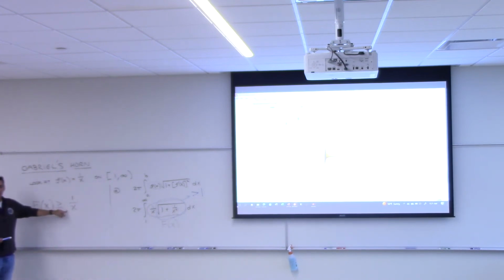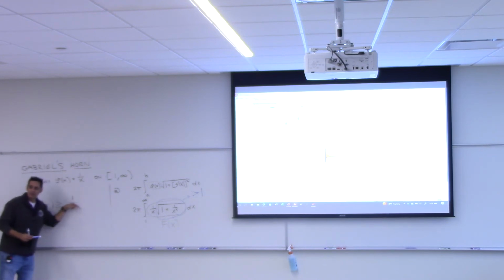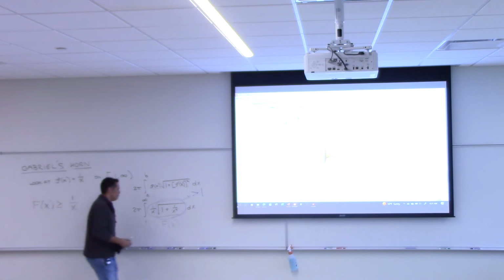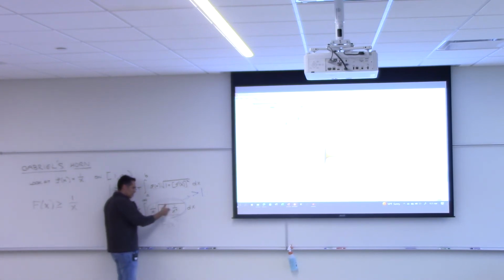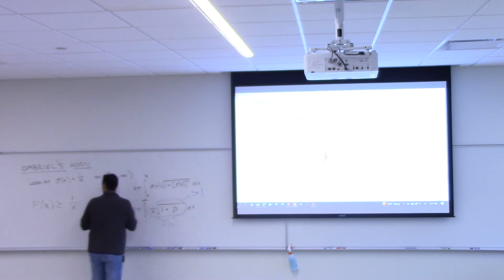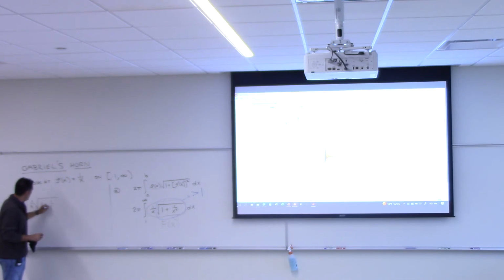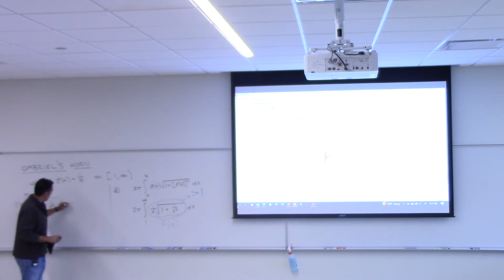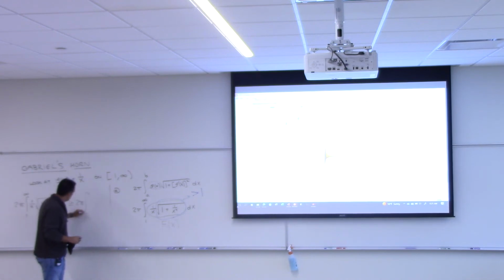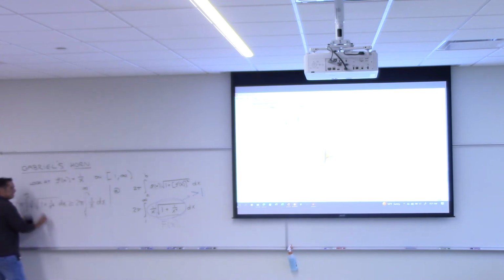So if this is bigger than this, do you agree that the area under this is bigger than the area under this? Remember, this integral represents the area under this function from 1 to infinity. Using what I just had on the board, we can say this: 2 pi integral 1 to infinity of 1 over x square root of 1 plus 1 over x to the 4th dx must be greater than or equal to 2 pi integral from 1 to infinity of just 1 over x dx, because this is bigger than that.